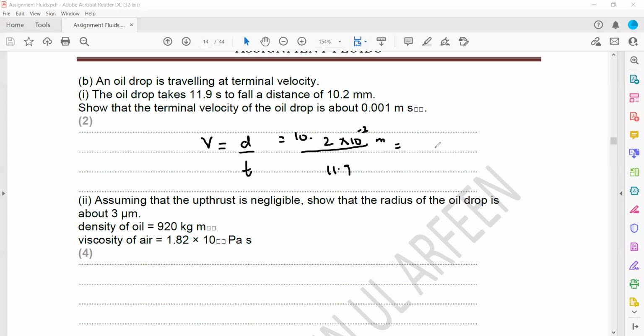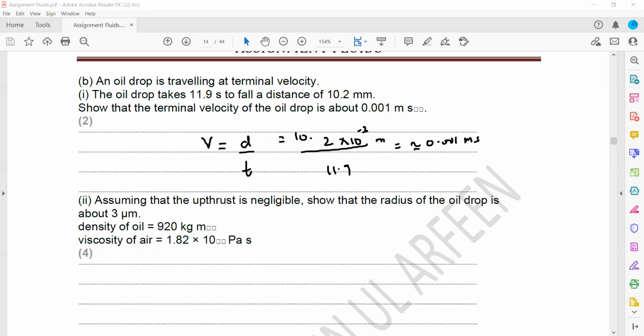When we substitute, we get about 0.001 meters per second. Then assume that the upthrust is negligible, so we neglect the upthrust, and show that the radius is about 3 micrometers.